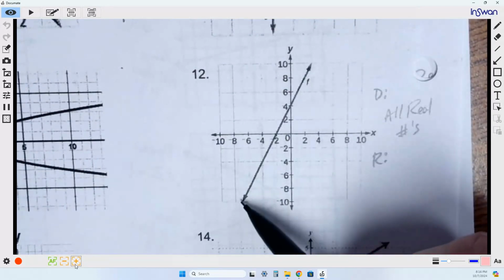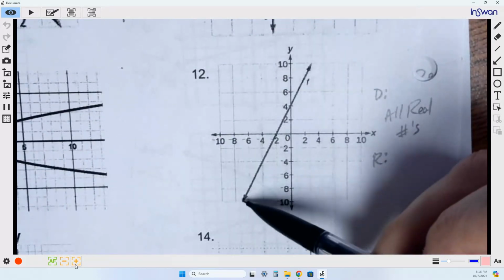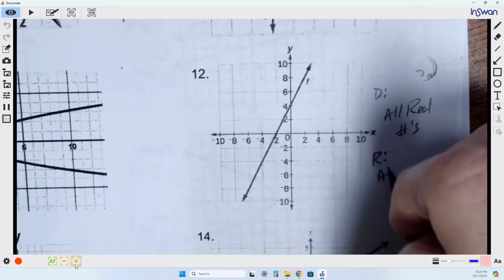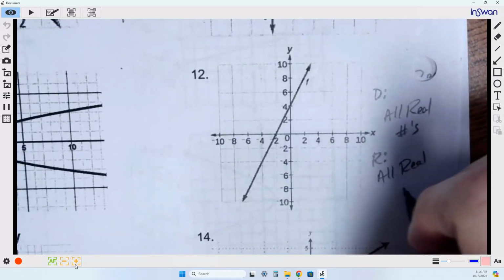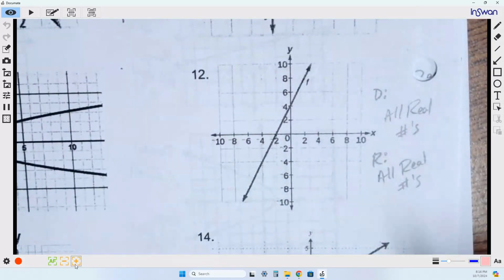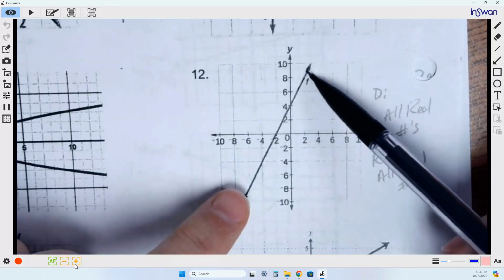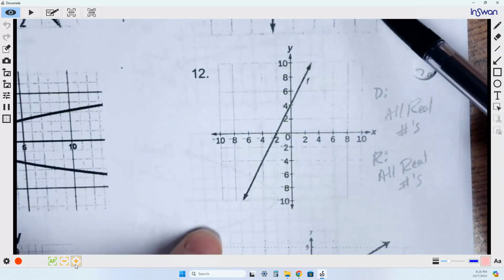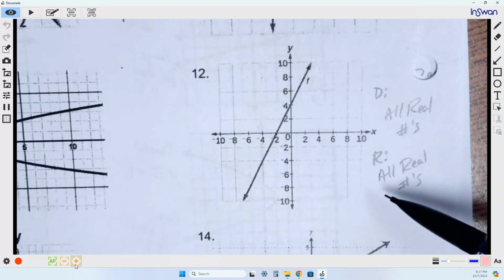Okay? On number 12, if I look up and down, this is going to go down forever, and this is going to go up forever. So it's also going to be all real numbers. Are you noticing the arrows are going to go opposite directions for us to have double all real numbers?